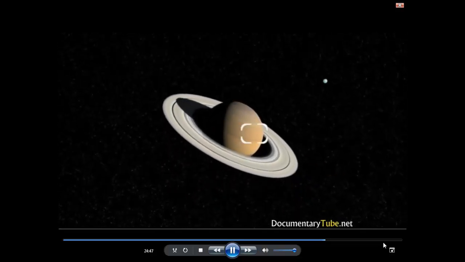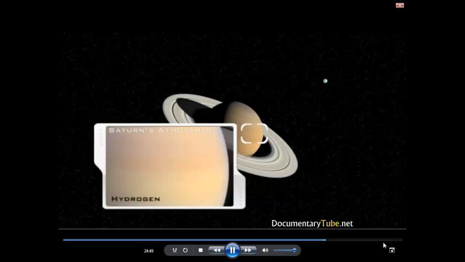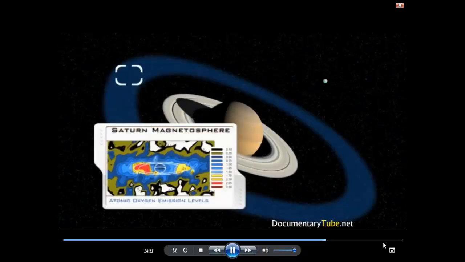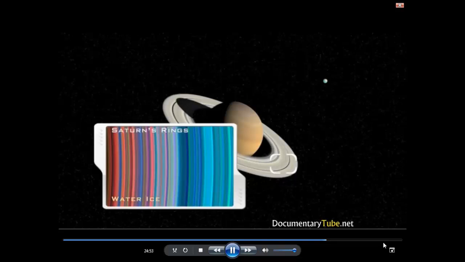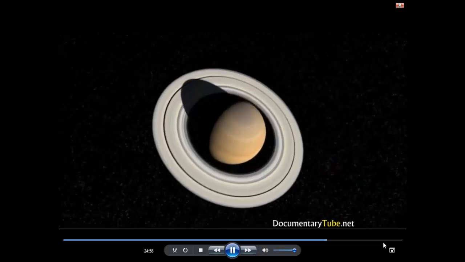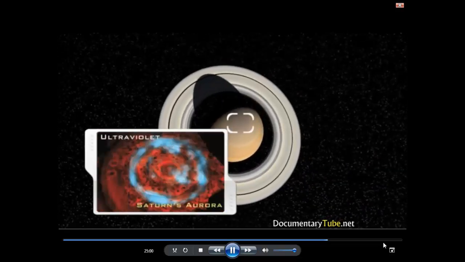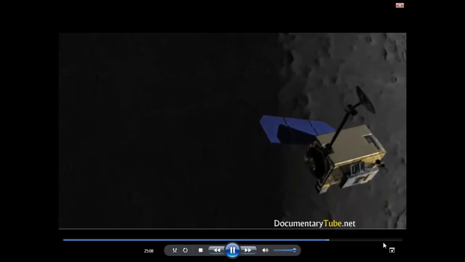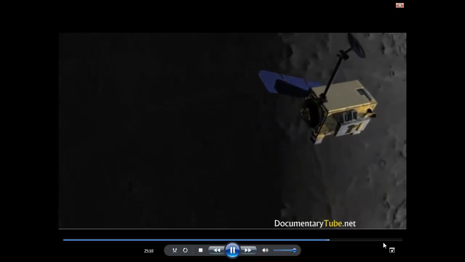An ultraviolet instrument aboard Cassini has detected hydrogen, oxygen, water ice, and methane in the Saturn system. UV data have also revealed details of Saturn's aurorae. Scientists also use UV waves shining from distant stars to view permanently shadowed regions of lunar craters.